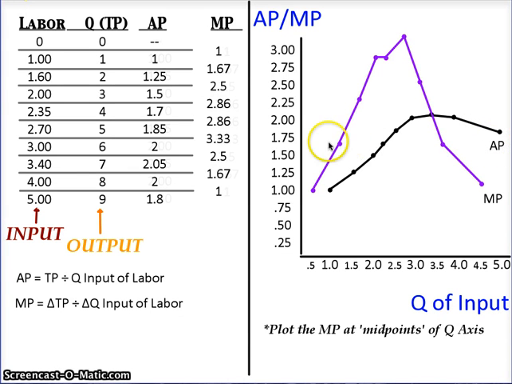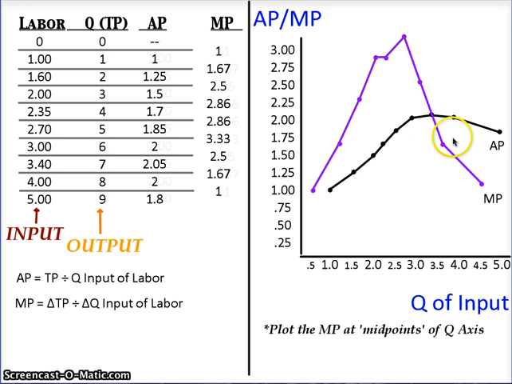However, if you score a grade in a class higher than your average, again, assume your average is a 3.0, if you get an A in my class, it's going to pull your average up. So as long as the marginal is greater than the average, it's going to pull the average up. As soon as the marginal is less than the average, it's going to pull the average down.